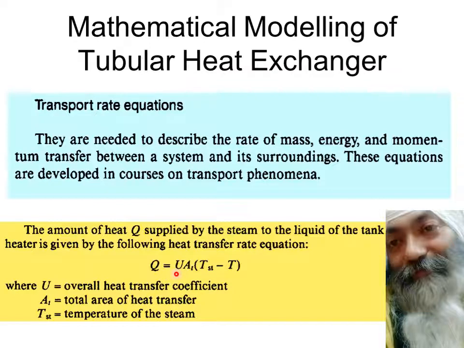The units of this U, the overall heat transfer coefficient: this is the amount of heat supplied per unit time, this will become per unit area, and this will become per unit temperature difference. So those will be the units of the overall heat transfer coefficient which we make use of for a given type of heat exchanger.